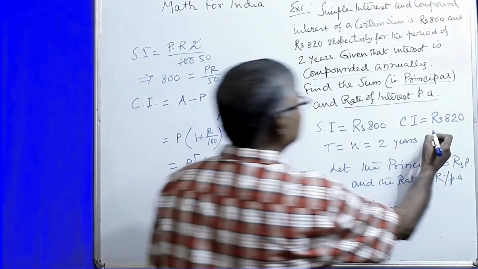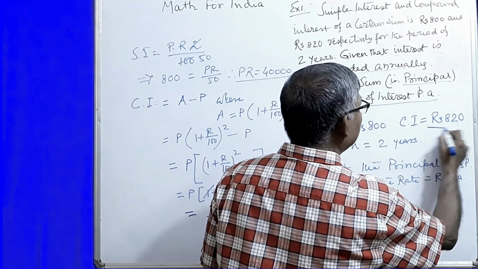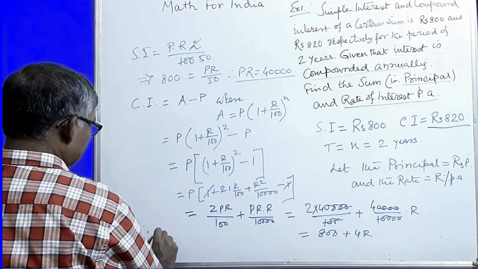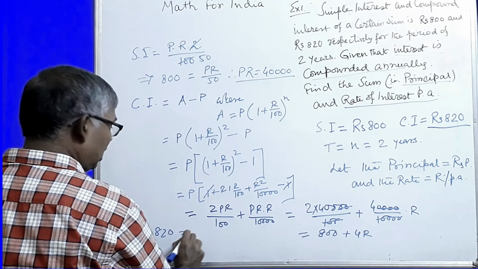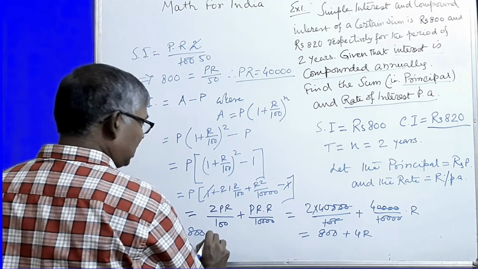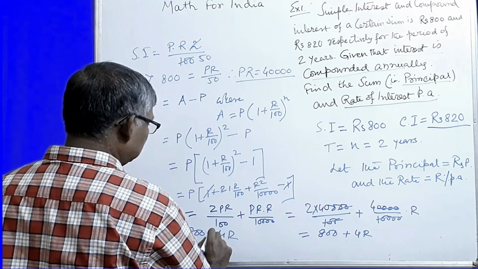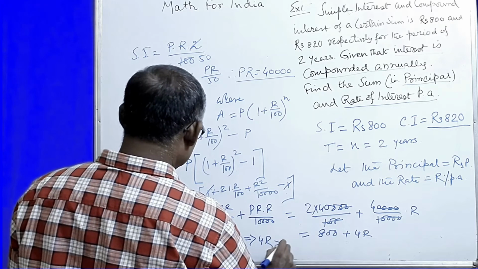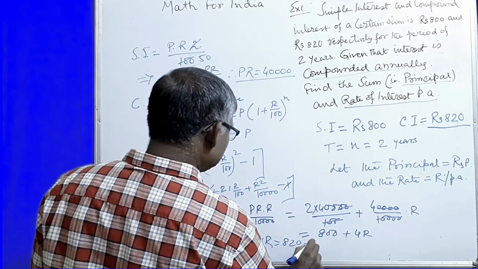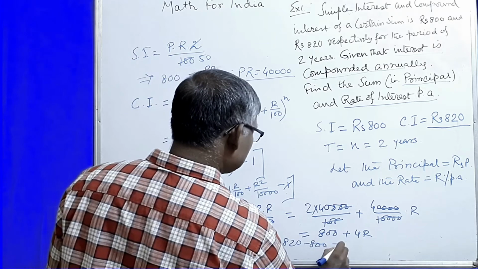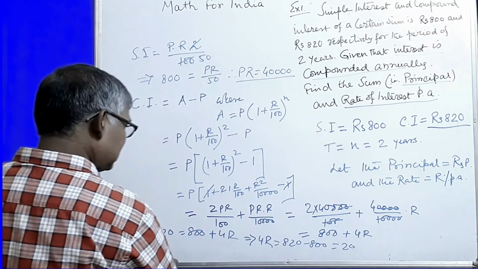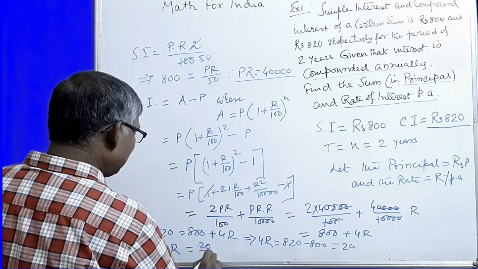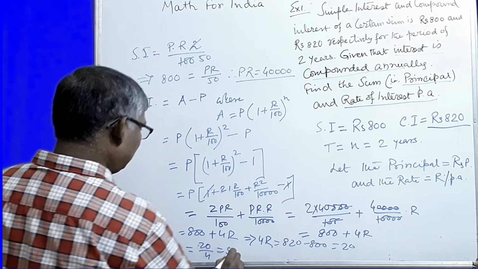Here CI is rupees 820. Therefore, we can write 820 equal to 800 plus 4R. This implies that 4R equal to 820 minus 800, that is 20. Hence, R equal to 20 by 4 equal to 5.